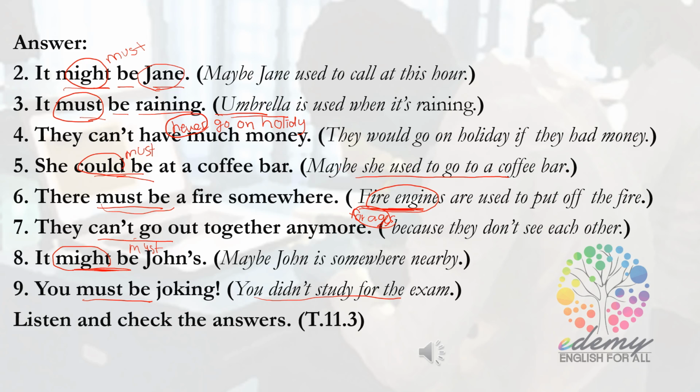She could be in the coffee bar. 6. Look, 3 fire engines. There must be a fire somewhere. 7. Tom hasn't seen Zoe for ages. They can't be going out together anymore. 8. Whose jacket is this? It might be John's. 9. You got top marks in the test. You must be joking.